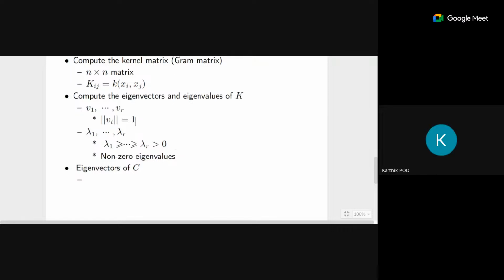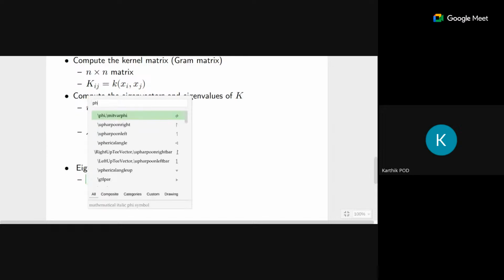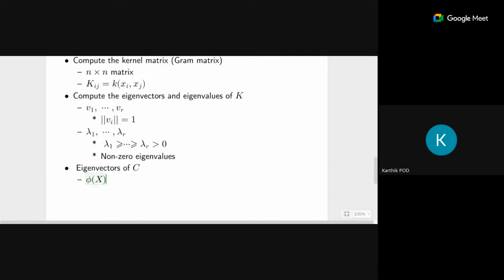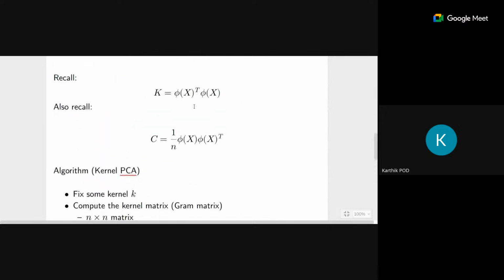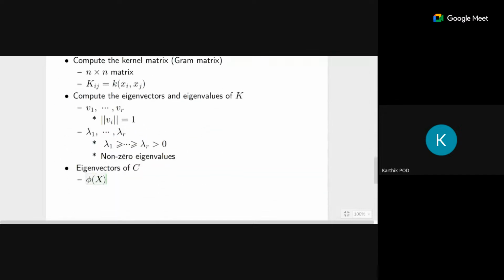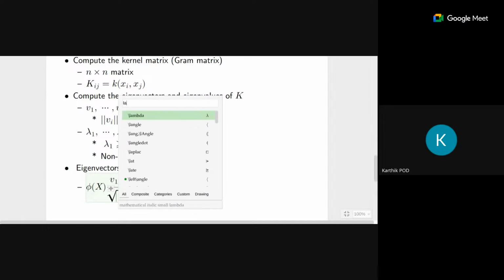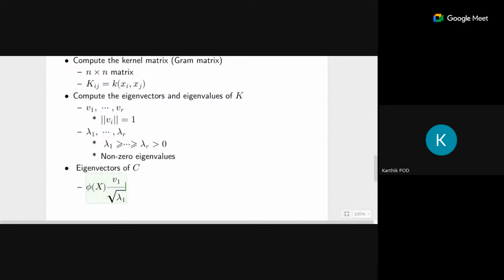You have to multiply by phi of x, since we are in the transform space. All this is happening in the transform space. So this is phi of x into v1 by root lambda, or if you are following the convention that the professor has used, it is root n lambda, but I'll stick to root lambda here.